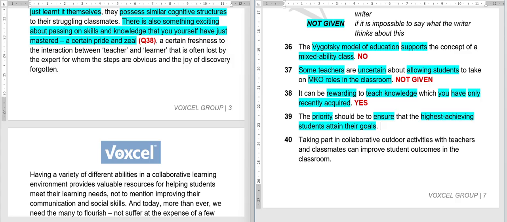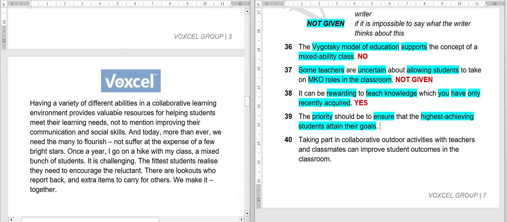But if our priority is that everyone should attain their goals, not only the highest achieving students, then the answer will be no. And if there is no mention of what the priority of the teacher should be, then the answer will be not given.